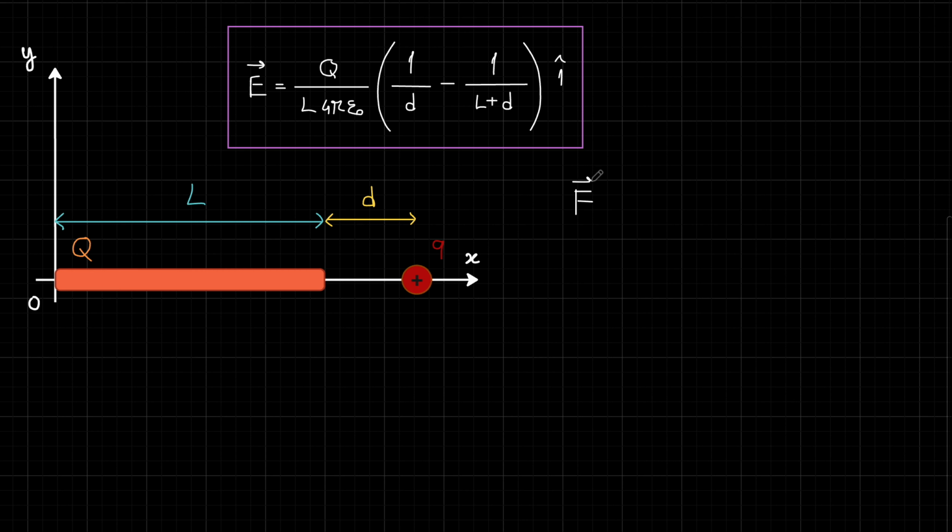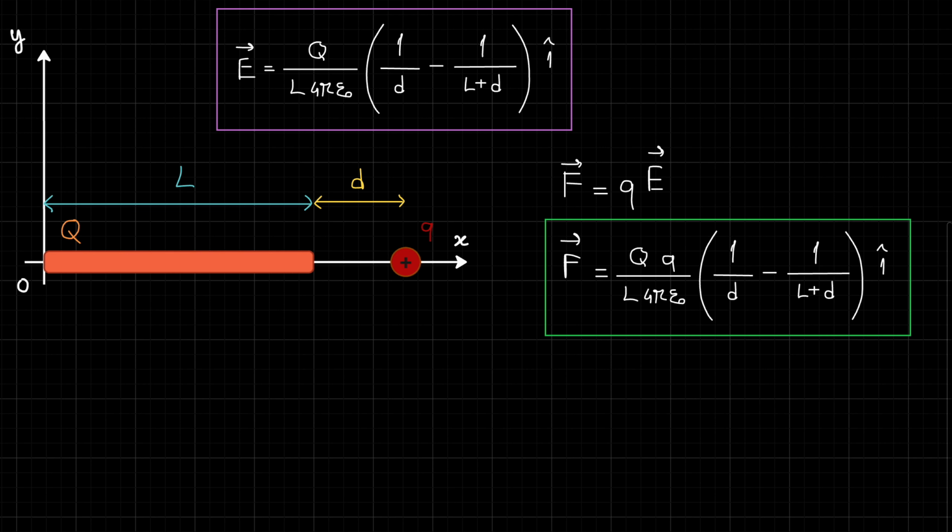Force acting on the point charge is equal to its charge times the electric field at the location of the point charge. So really all we need to do is to multiply this expression by lowercase q. Here's what we get when we do that.